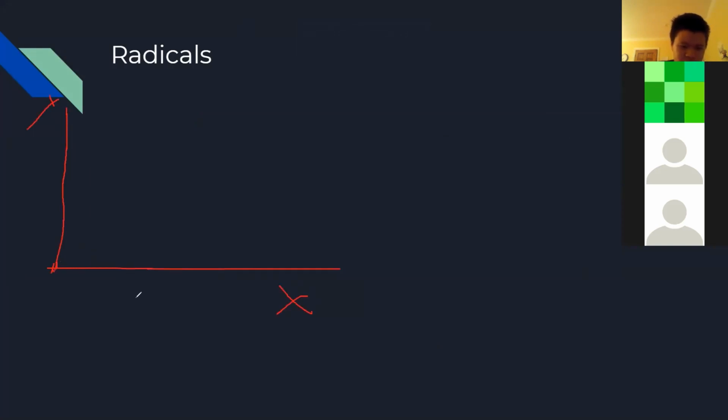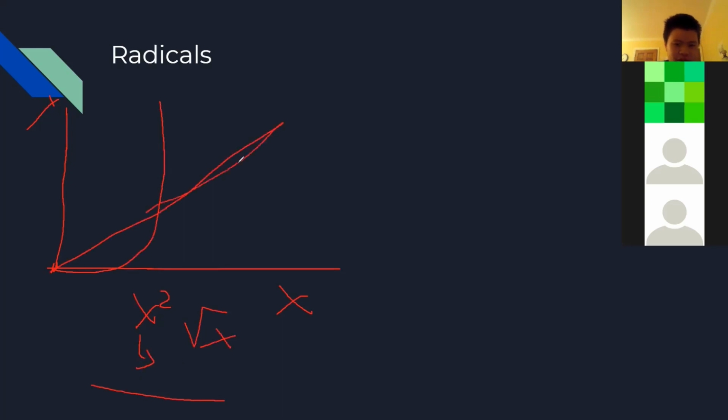A radical and x squared are inverses of each other if x is limited to non-negative values. As I've explained before in the inverse last class, an inverse function is the reflection of its original function across the y equals x line. If I didn't explain it, I'll explain it now.